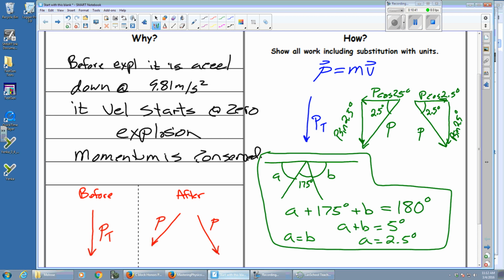So I've broken into components. So we know that the X components of the green have to add up to 0. How do I know that? X direction. Excellent. Yep, exactly.